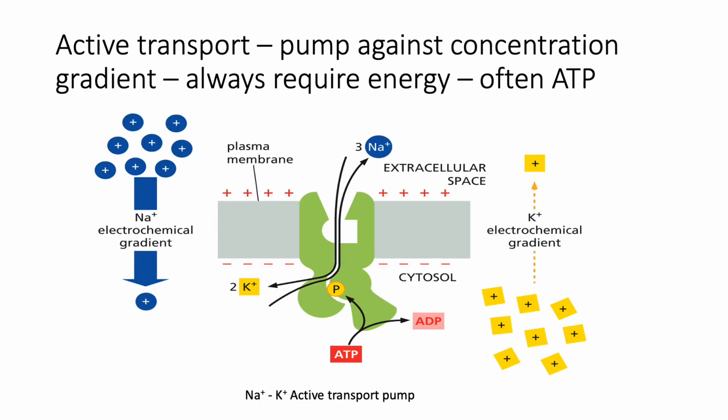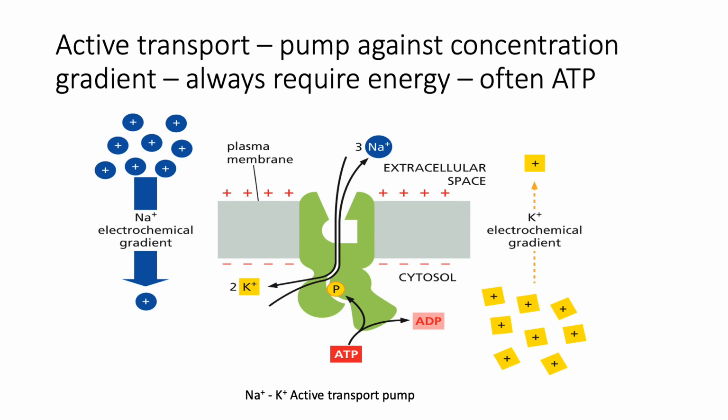So here's active transport, pure active transport, characterized by the sodium-potassium active transport pump. Like I said, always requires energy and often ATP. Although in the previous example, the energy was the potential energy of the concentration gradient of sodium.